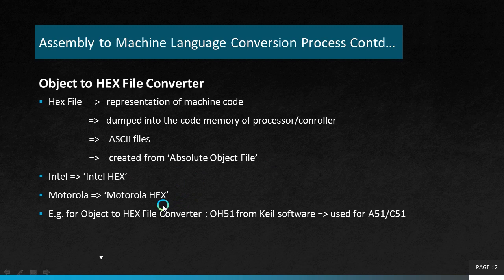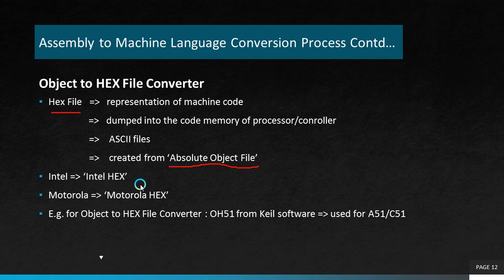The last stage is the object to hex file converter. A hex file is a representation of machine code and is dumped into the code memory of the processor or controller. They are ASCII files that contain a hexadecimal representation of the target application, and as I already said, it is created from the final absolute object file using the object to hex file converter.